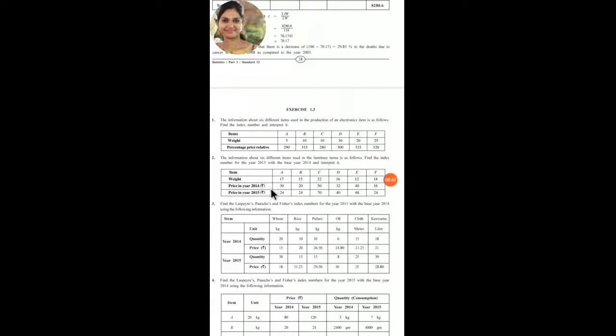W is given, and then we will prepare a last column, sigma IW. The total of the weight column we will write in the denominator, right? But what is new here is we have to find the I by ourselves. We know the formula I = P1 upon P0 into 100.